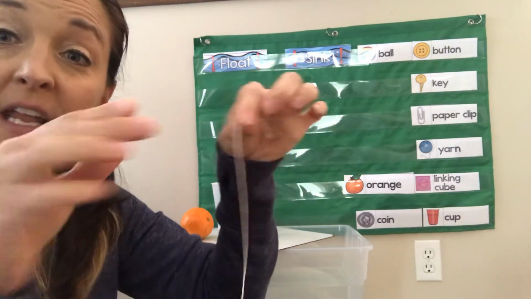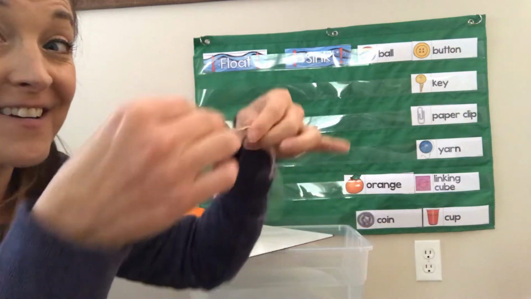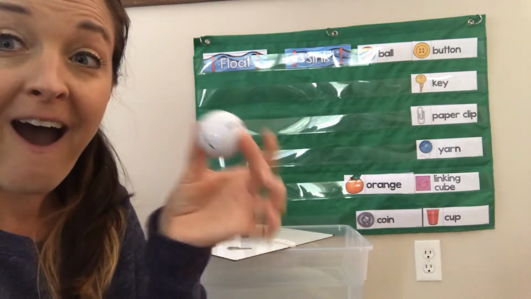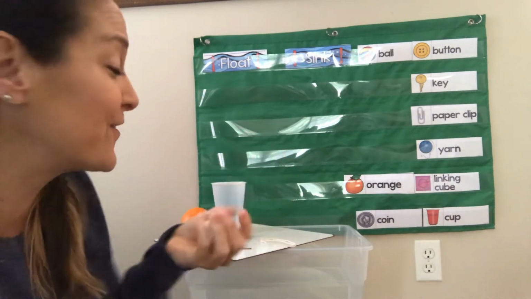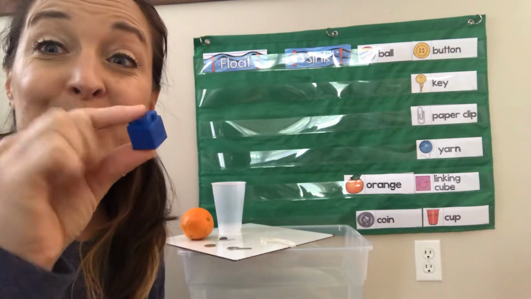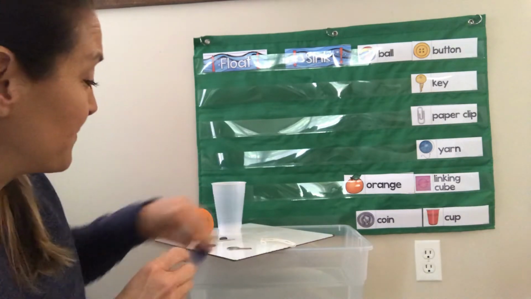A string, or we could call it some yarn. We're gonna find out what that yarn does. And then I have a ball, golf ball. I wonder if it sinks or floats. And a cube. It's one of our little building cubes from our classroom.